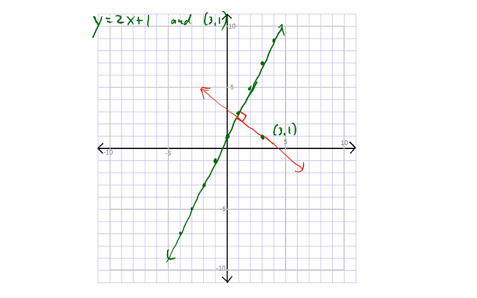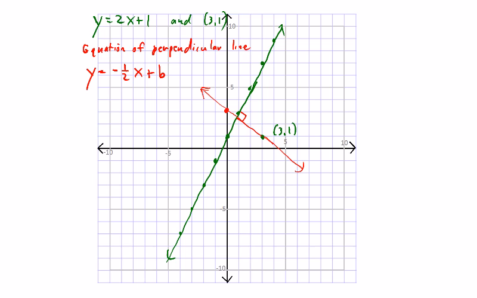So we want to start by finding the equation of the perpendicular line. To do that, we know that it must have a slope of -1/2, so we have y equals -1/2 x, but we don't know where its y-intercept is yet, so I have to leave b as an unknown.